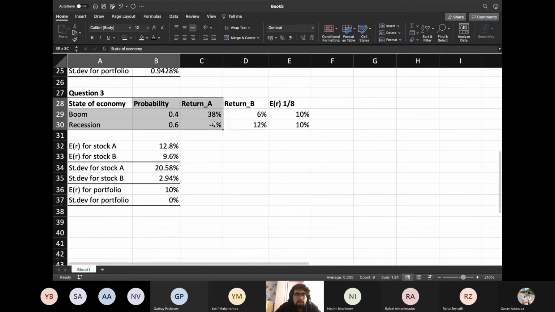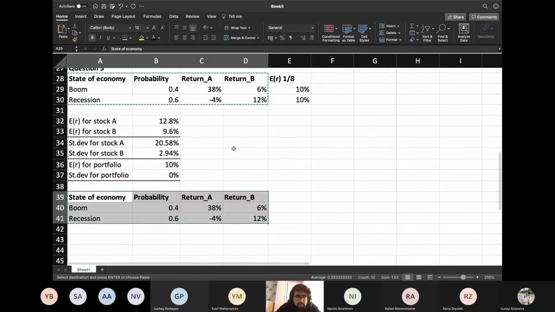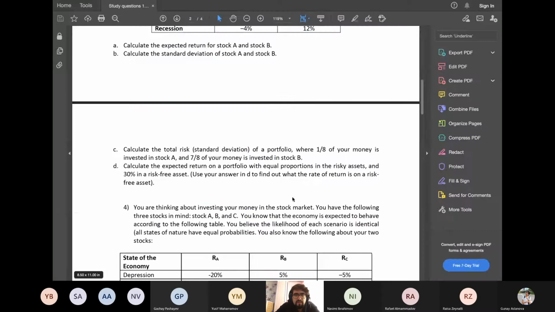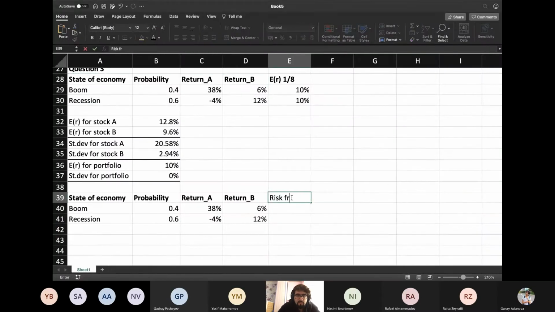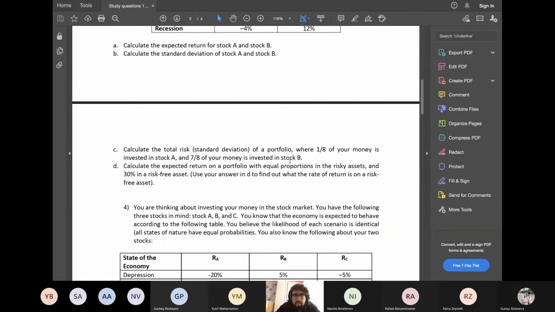We have to construct a new table: return A, return B, and risk-free asset. So the question is asking equal proportions in the risky assets and 30% in the risk-free asset.